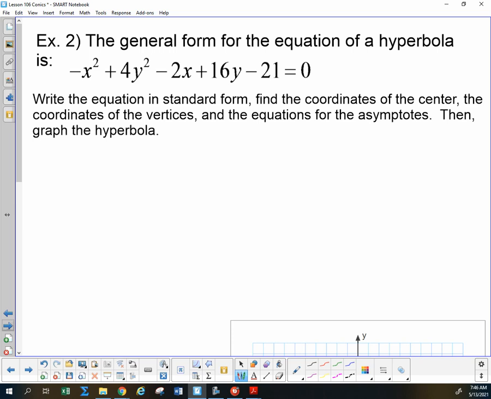the new center is. To do that, I need to group my x's together, and I need a parentheses that starts with positive 1x squared, which means I have to factor a minus 1 out to get that to start with positive 1x squared. If I factor a minus 1 out from that, I need to factor a minus 1 out from the minus 2x, so I have plus 2x, and then I'm going to leave my space.